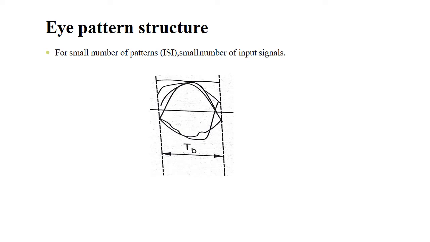Due to the nature of the transmission channel, the signal becomes continuous with increasing and decreasing amplitudes. Based on the signal obtained over the period TB between the two sampling instances, the decision will be taken by the decision device.